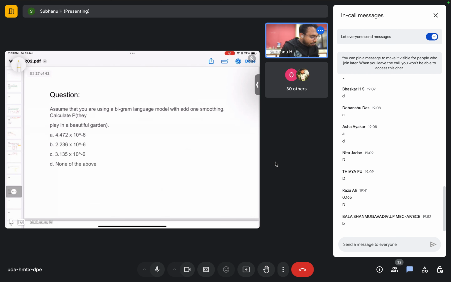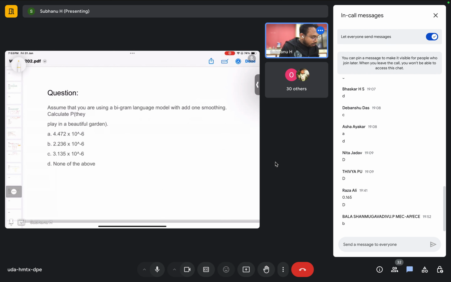Okay, now next, let's move on to the next question. Assume that you are using a bigram language model with add one smoothing.